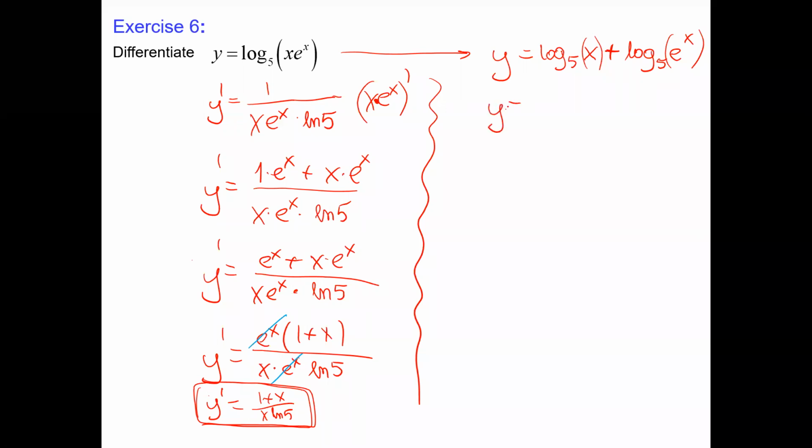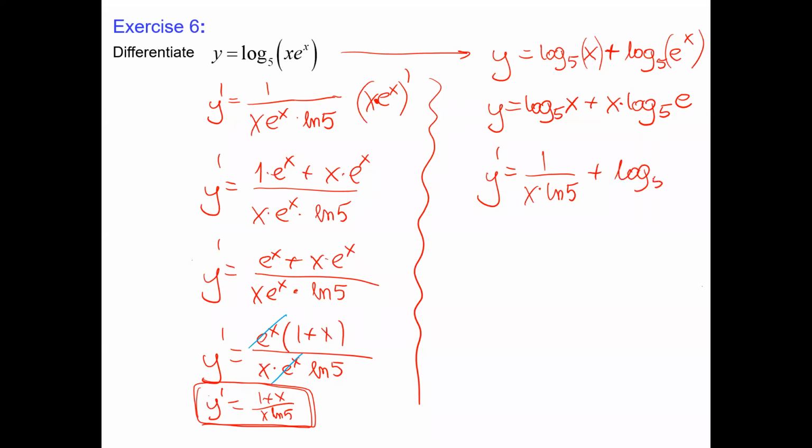And one more thing, this one is ready to be differentiated, but that x we can place in front. And unfortunately, if this were ln of e, it would be 1. We have to keep it. It's just a constant. Okay, let's try. The derivative of log base 5 of x is 1 over x ln of 5 plus x times the constant, like 2x, 5x, 6x, is just 2, 5, 6. It's just log base 5 of e.